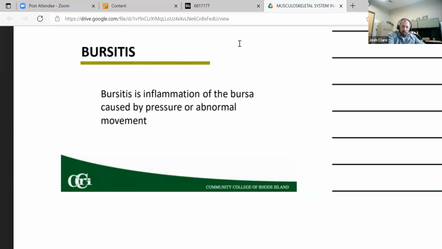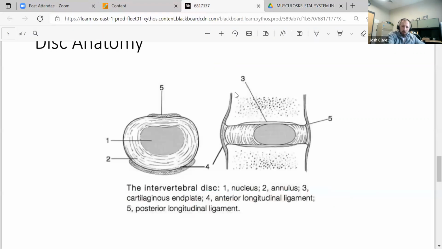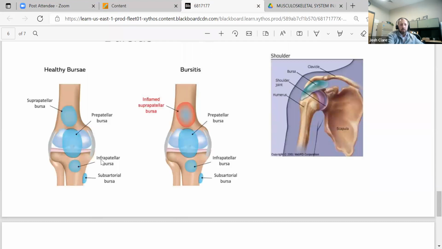I think I have a picture of that as well. Yeah, good. You can see just how many are in the knee itself: suprapatellar, prepatellar, infrapatellar, and others. But here's this subacromial bursa right here. So you can see how if this thing grows 11 times its original size, when this person tries to lift up their humerus, all of this tissue is going to become compressed and cause that pain.